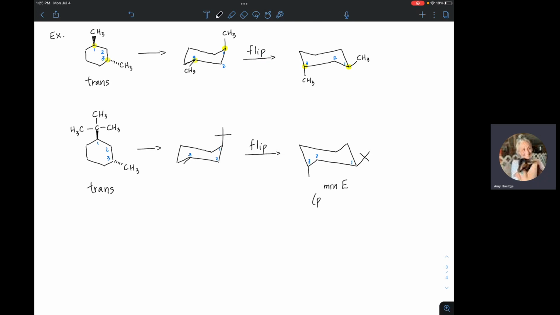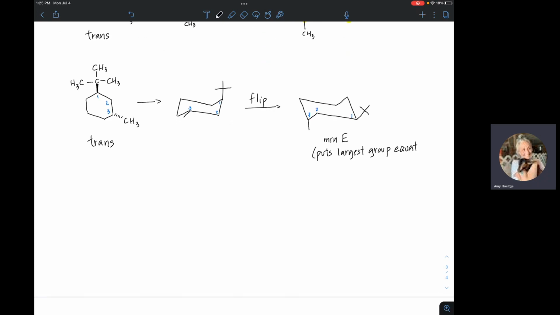It puts the largest group equatorial. You haven't changed the stereochemistry. It's still trans, right?